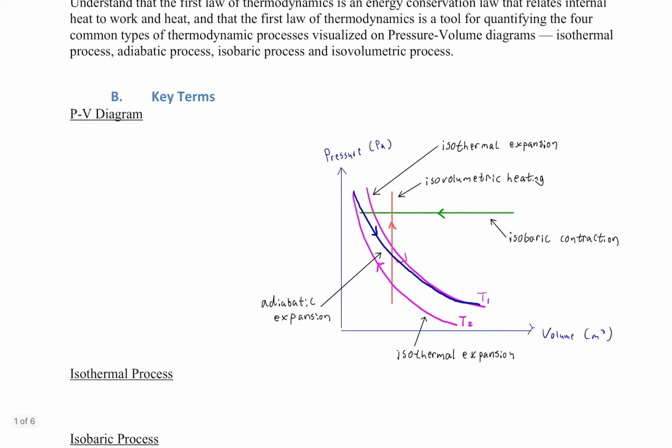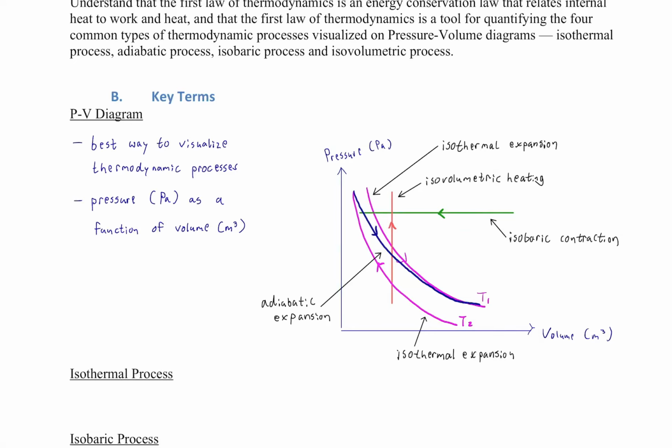So a couple other bullet points. The PV diagram is the best way to visualize thermodynamic processes. I usually don't make quality claims like that, but it really is. It's super helpful. Okay. The pressure, measured in pascals, is a function of volume. We mentioned that. That's the whole idea of the graph. And the curved lines of constant temperature have a name. They're called isotherms. The reason we call them isotherms is because if you think of, like, isobaric contraction, you're crossing isotherms, right?